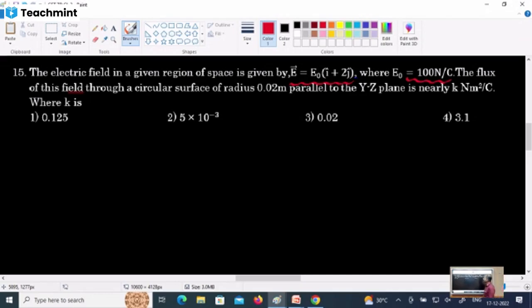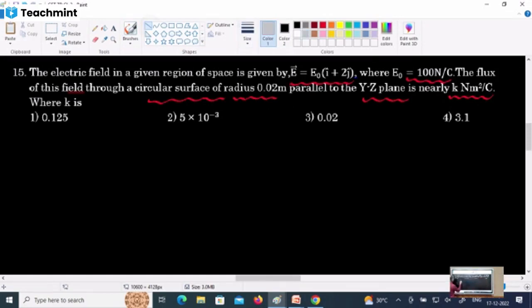The flux of this field through a circular surface of radius 0.02 meter parallel to the YZ plane is nearly k times Newton meter square per Coulomb, where k is: A 0.125, B 5 times 10 to minus 3, C 0.02 and D 3.1. Which one? First let us try to understand what is given in the question.